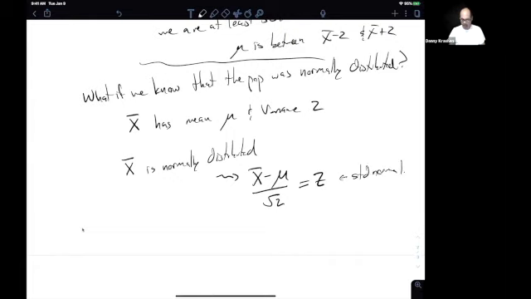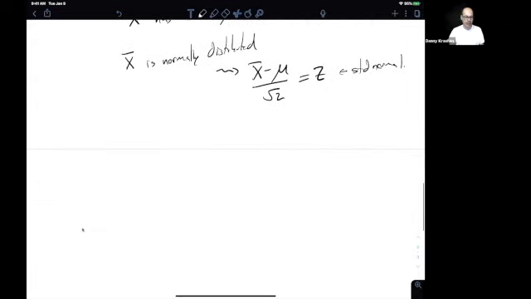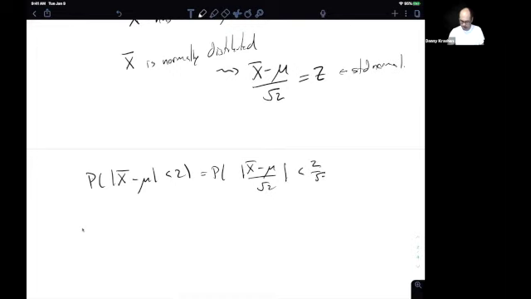Okay. And so now if I wanted to estimate the probability that the sample mean minus the actual mean is less than or equal to 2, well, that's the probability that X bar minus mu over root 2 is less than or equal to 2 over root 2, which is root 2.